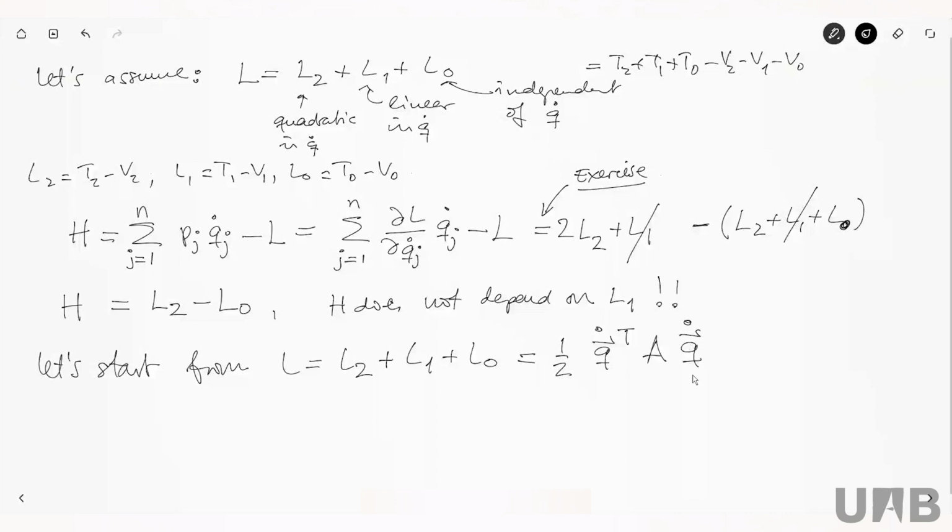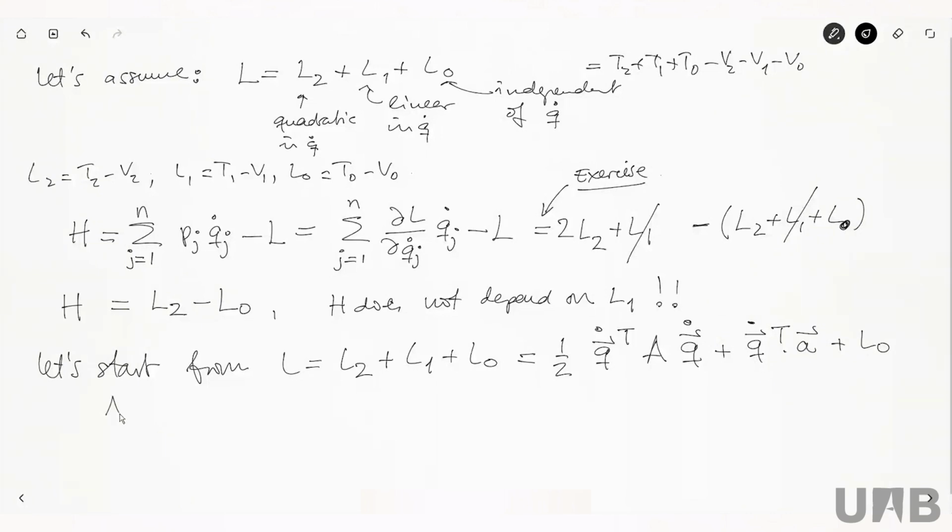And the linear part I can also write as a vector, transpose, times another vector. So this is a row and this is a column. The row times a column is a number, which is what a Lagrangian is supposed to be. Plus L0, which is just a function, not a vector or anything.